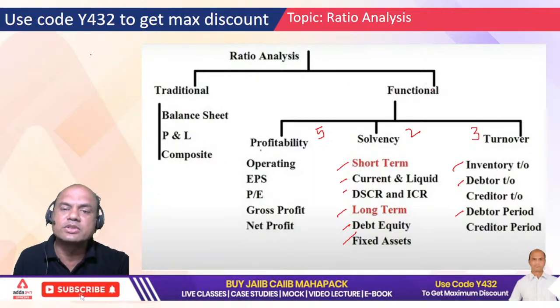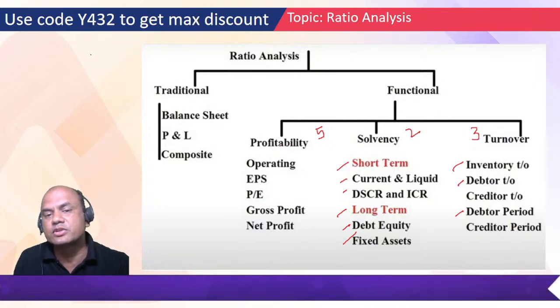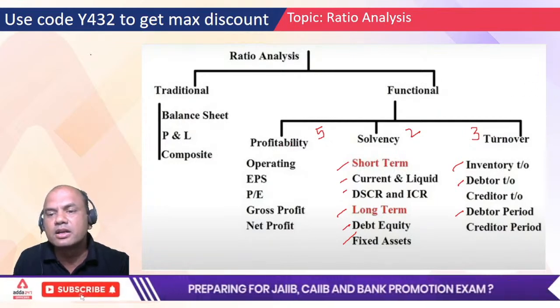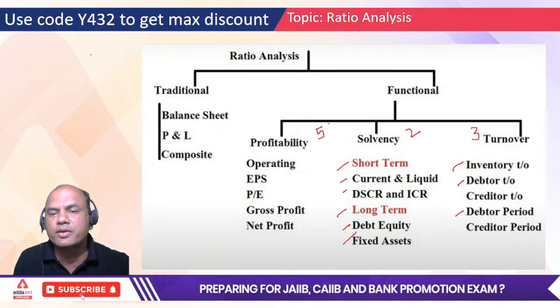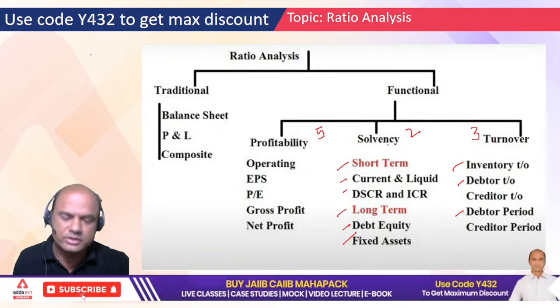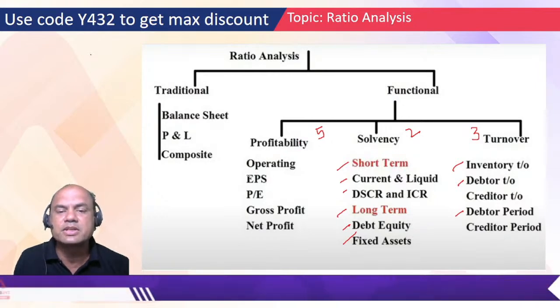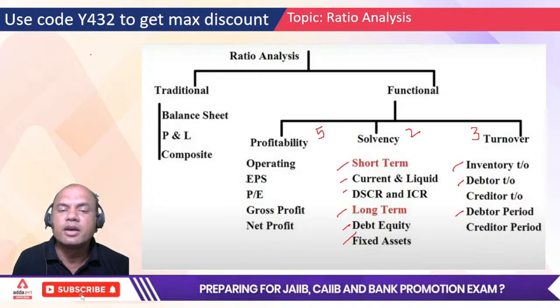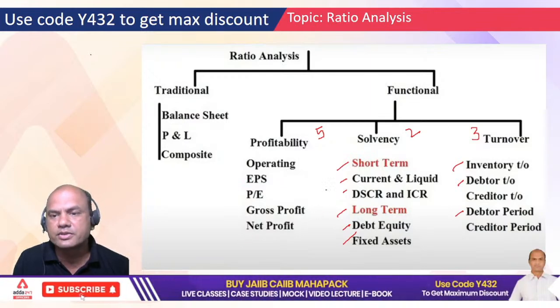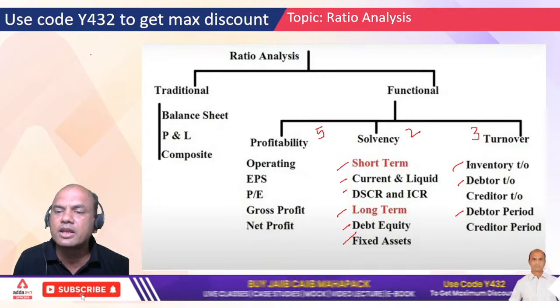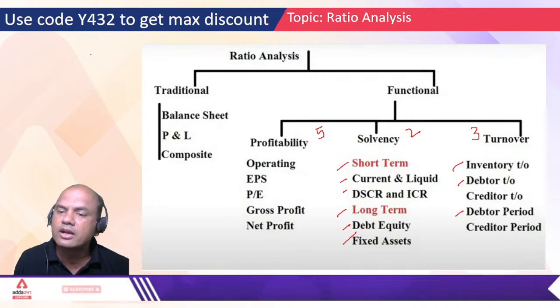Now functional ratios, again there are three types: profitability, turnover and solvency. 5 for profitability, 3 for turnover and 2 for solvency. In profitability we have 5 ratios: operating ratio, EPS, PE ratio, gross profit and net profit ratio. In turnover we have again 3: inventory turnover, debtor turnover and debtor period.